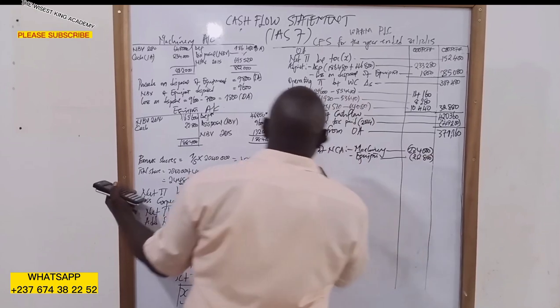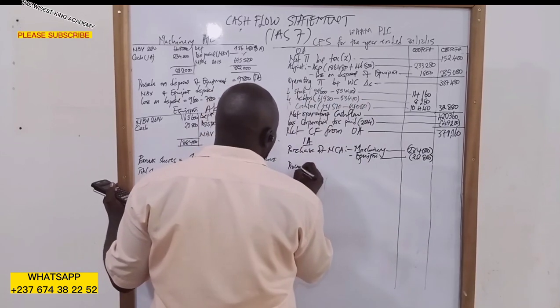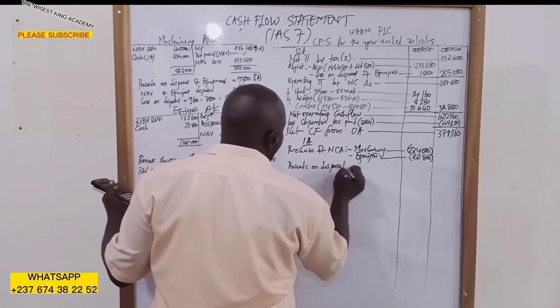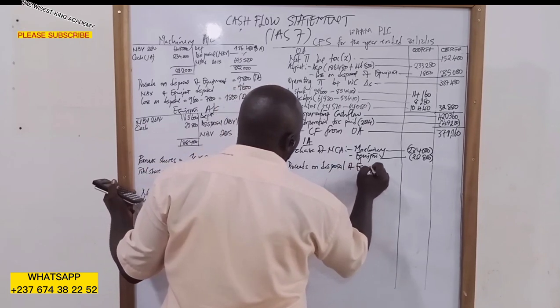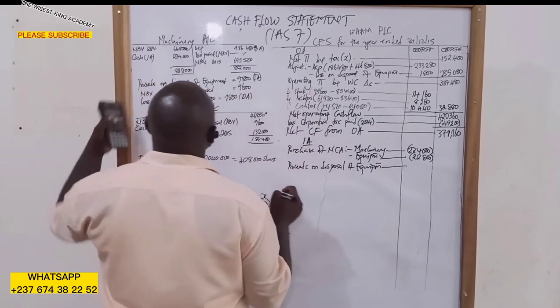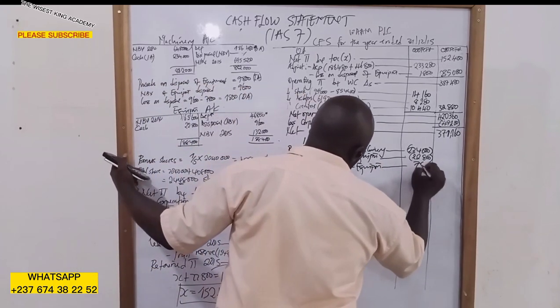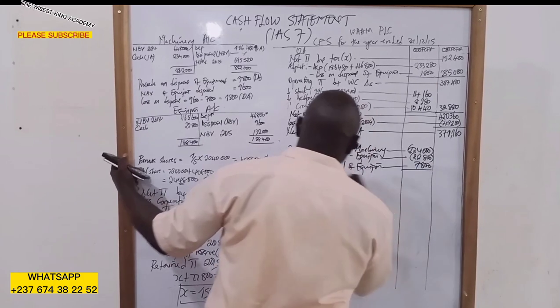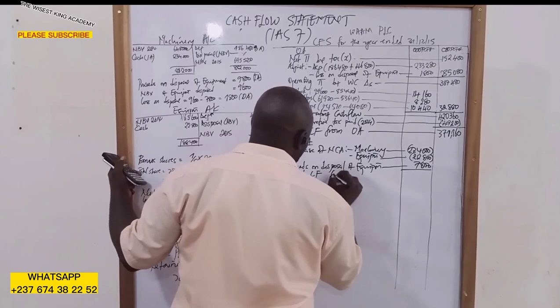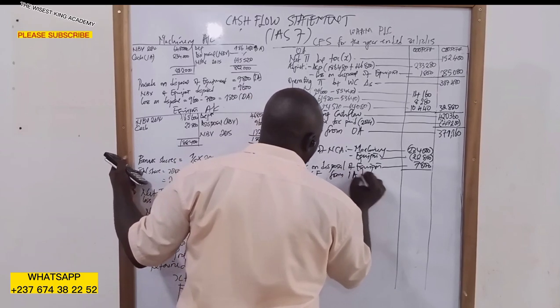Now we have proceeds on disposal of equipment, which is 7,800, positive. So what is our net cash flow from investing activities?